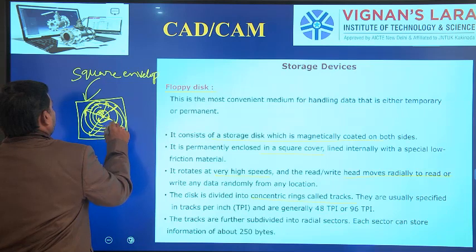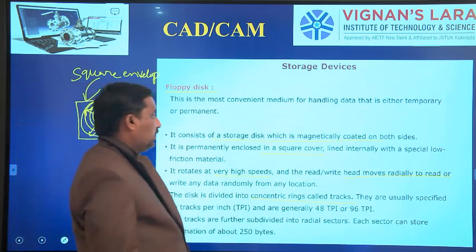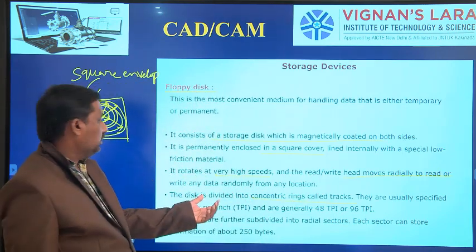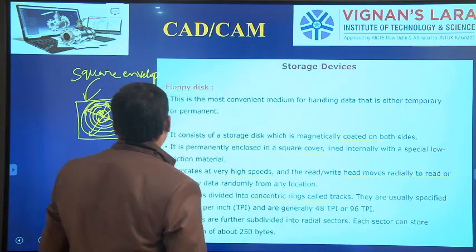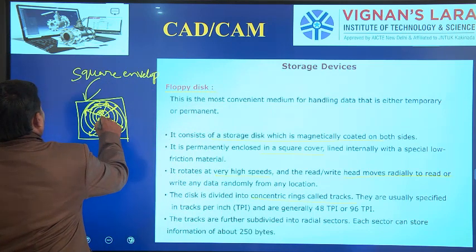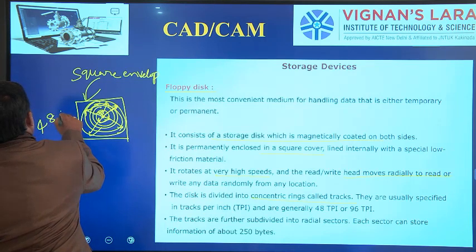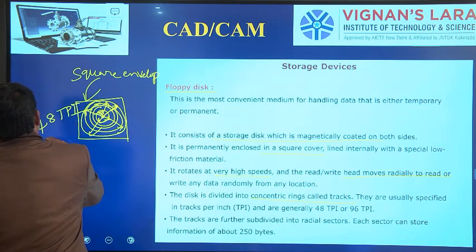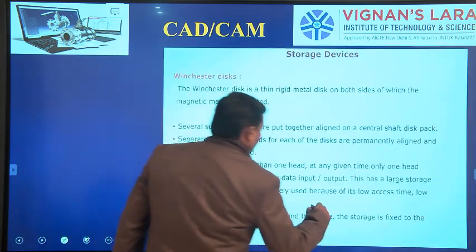They are usually specified in tracks per inch, like 48 tracks per inch or 96 tracks per inch radially. While we are moving from here to this place, how many tracks are there? There may be 48 TPI or 96 TPI, that means 48 or 96 tracks per inch along the radial direction.